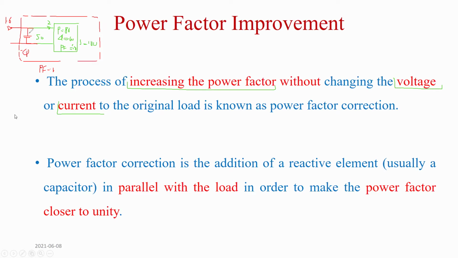But the load with the capacitor together will have a better power factor. So we're improving the power factor of the system. It means the load and the capacitor together. But we're not changing anything in the load, because the load sometimes is a machine you cannot open. You're not going to say, I'm going to change it and redesign it. No, you add a capacitor in parallel. That capacitor with the load together will give you better power factor.